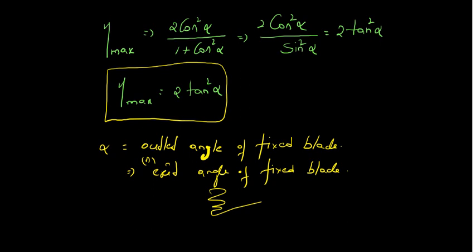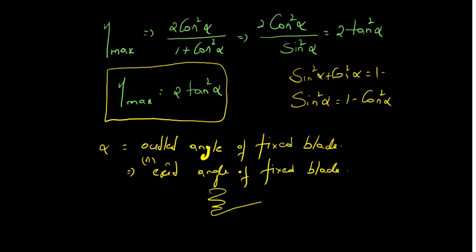Sin square alpha plus cos square alpha equals 1. If it is 1 minus cos square alpha, I can write it as sin square alpha. That is the reason why I am saying that I have written something wrong here. Sin square alpha I cannot write here; if it is plus, I can write.